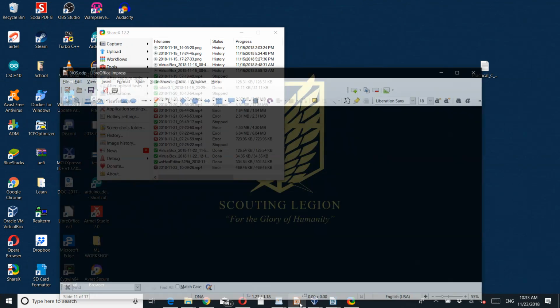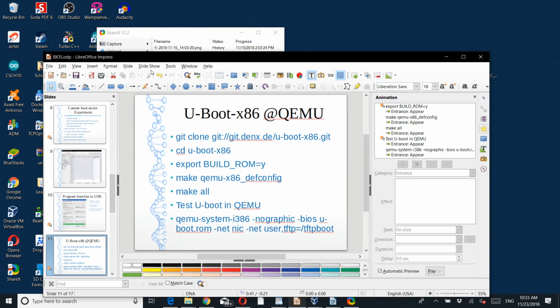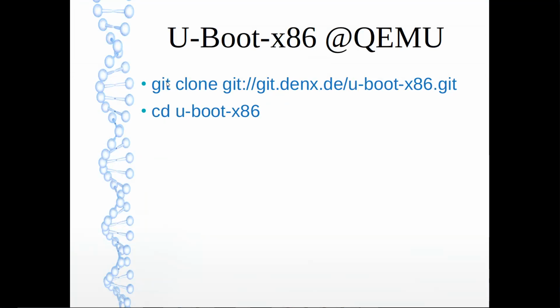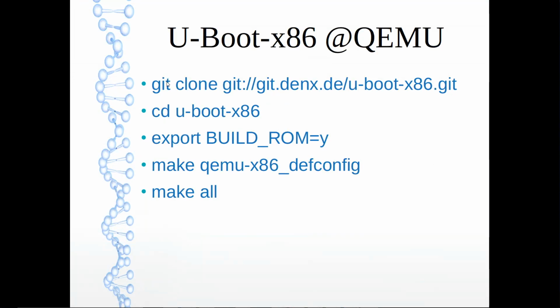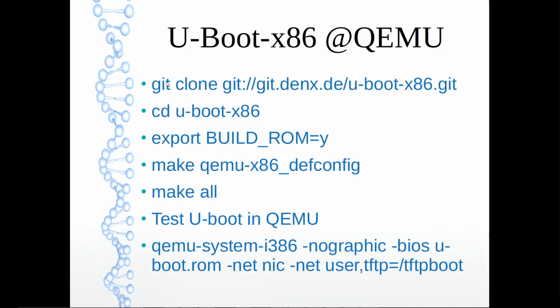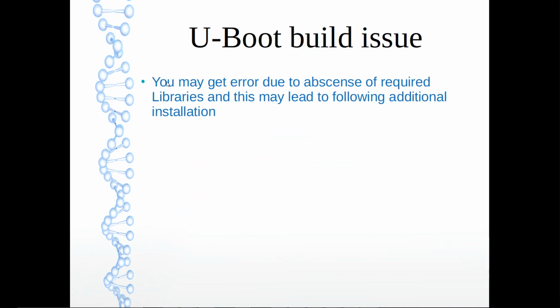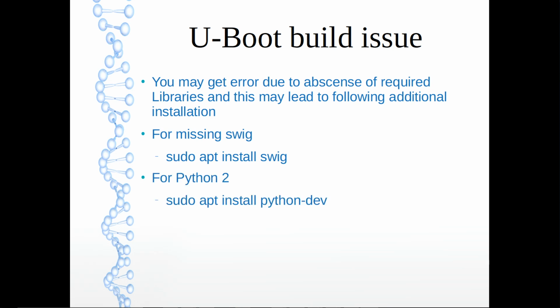And let me go further. The git clone, we have checked. If you are building and get errors due to the absence of some required libraries, Python and those kinds of things, simply follow and install them, or Google, and you will find the solution. I got one or two errors, so I mentioned them here, so that I found the solution.